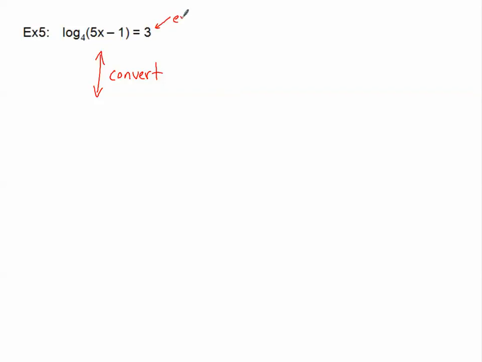That must be an exponent because that's what logarithms are equal to. So what's my base? Well, my base is this little subscript here, and that's 4. My exponent, we all know, is on the other side of the equal sign, which is 3, so we're cubing the 4. And that will be equal to my number, which is this expression 5x minus 1. So the logarithmic form of this equation is not very helpful, so we convert it into exponential form this time.